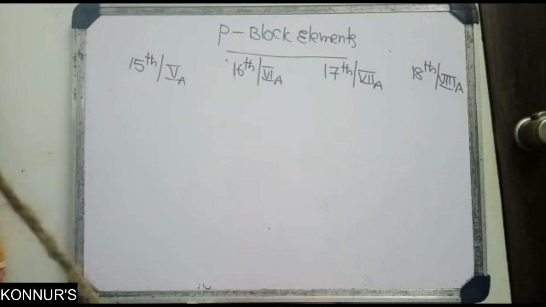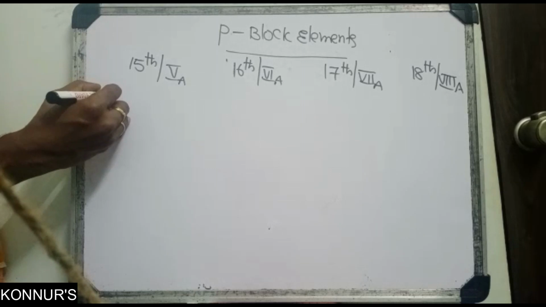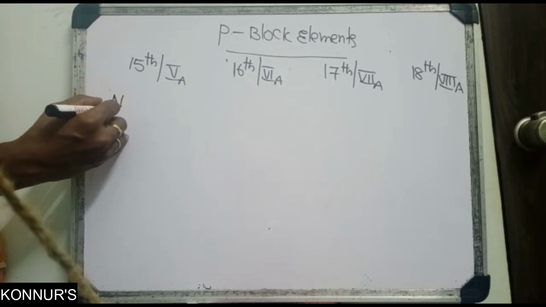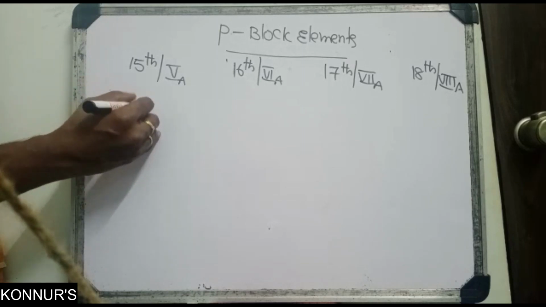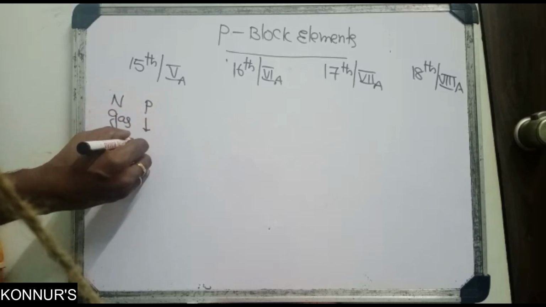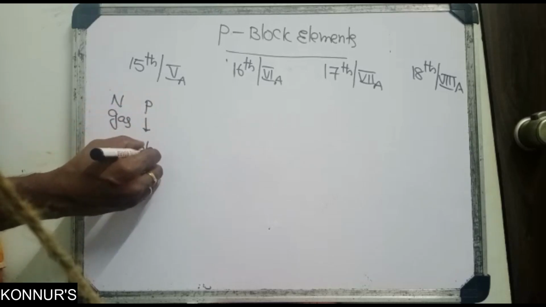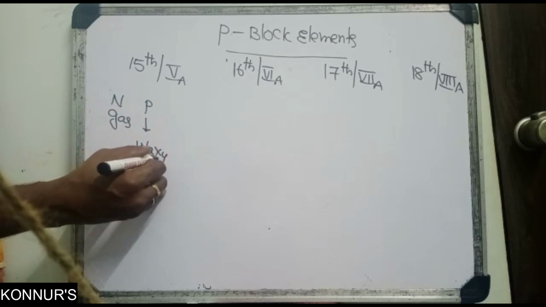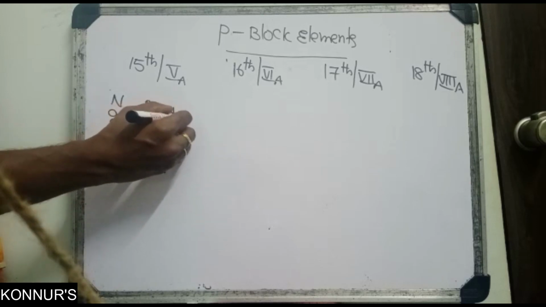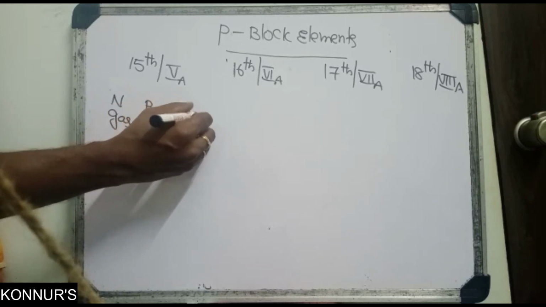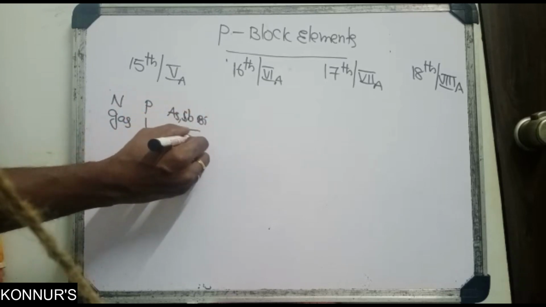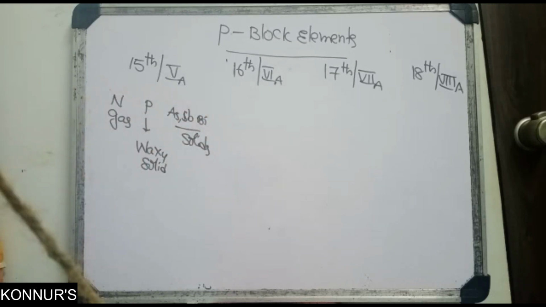if we see the physical state, nitrogen is available as a gas. Phosphorus is available as a waxy solid, a smooth solid. Arsenic, antimony, bismuth are available as solids.